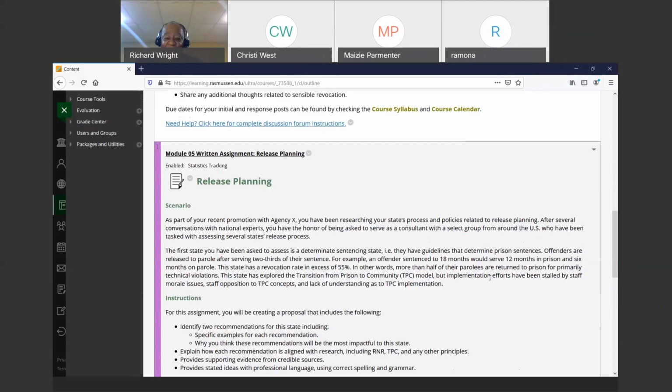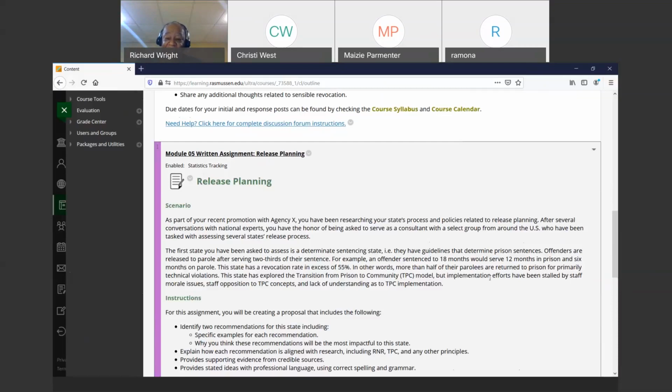Offenders are released to parole after serving 2/3 of their sentence, okay? Because that determines how much time they have to serve doing well before they can be put up for parole. So an offender who's sentenced to 18 months serves 12 months, which is 2/3 of 18.